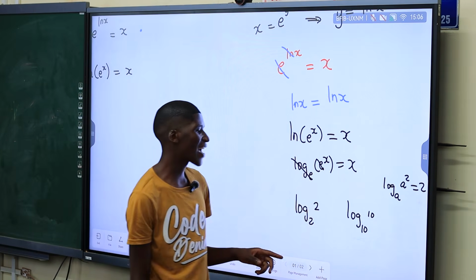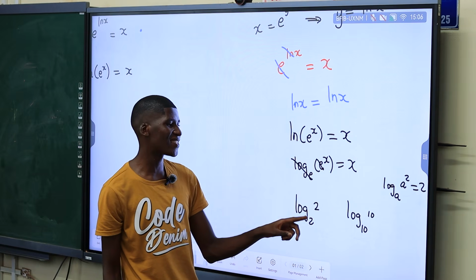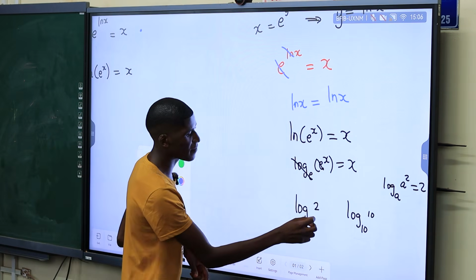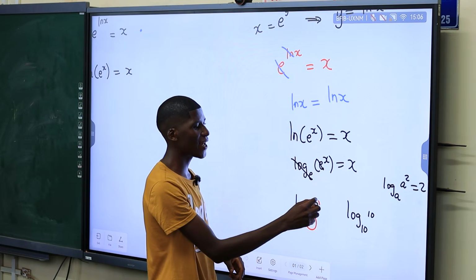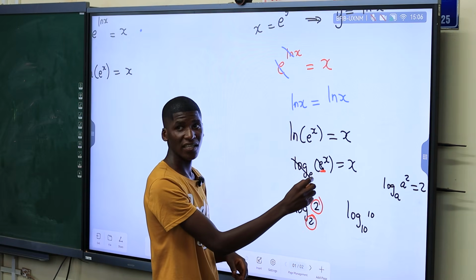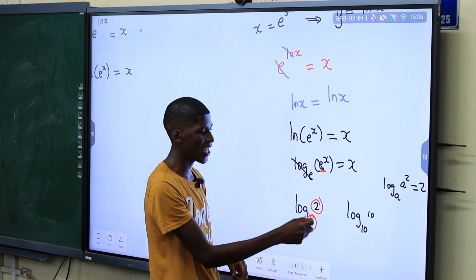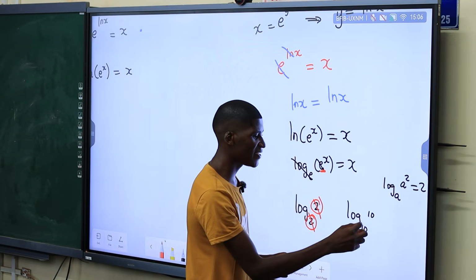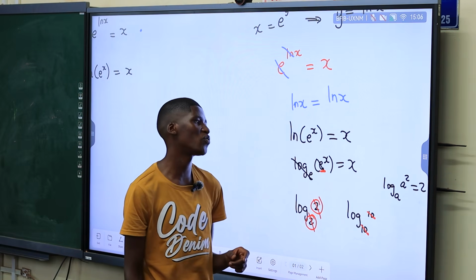So what happens is, if you are having a base that is the same thing, the base in the logarithm is the same as the base we have here. These two are able to cancel out. Even this one, this base 10 can cancel this base 10 as well.